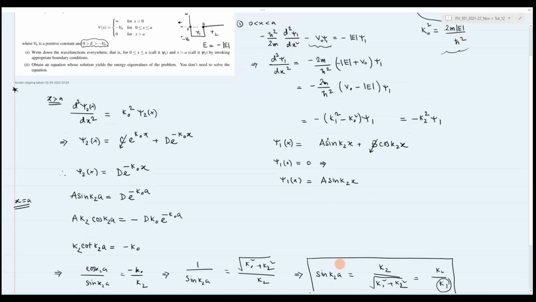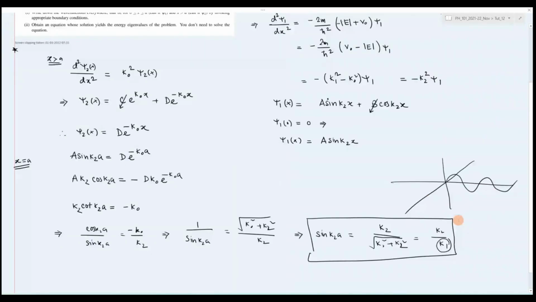So this equation you cannot solve directly. You can solve it graphically also. You plot the sinusoidal function. You know your k1. You may be knowing this k2 by k1 equation. So the number of solutions you can get from here. Exact solution you have to do analytically.